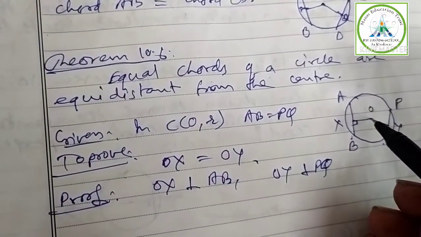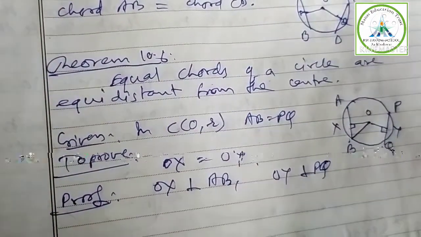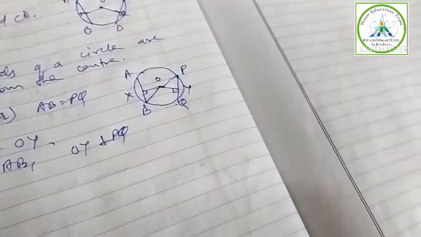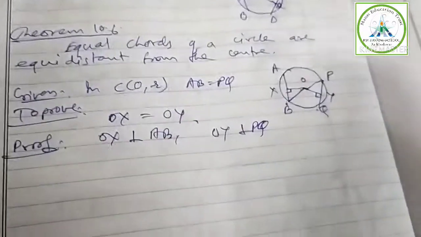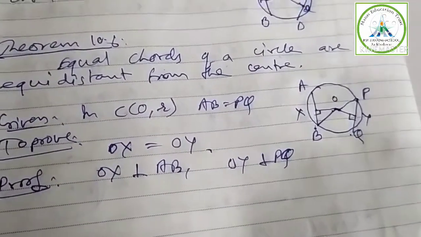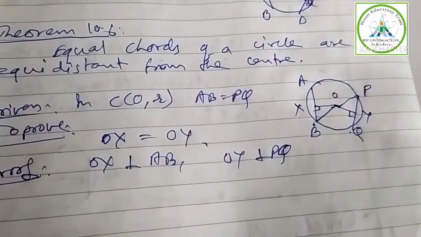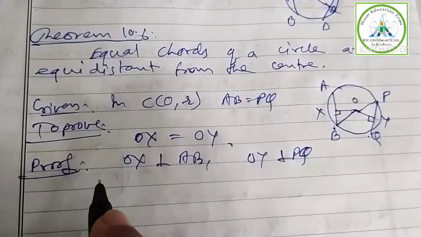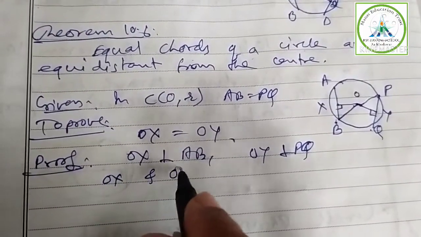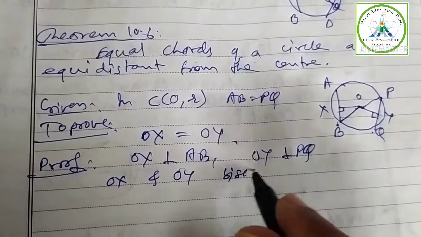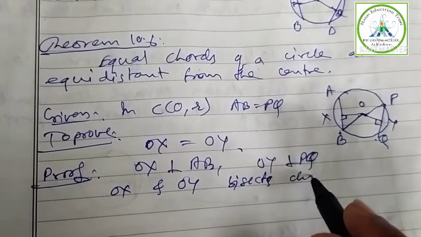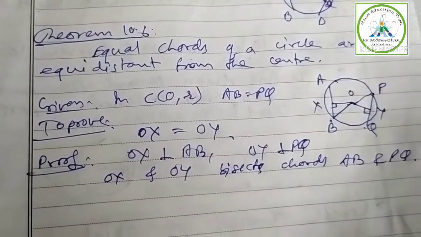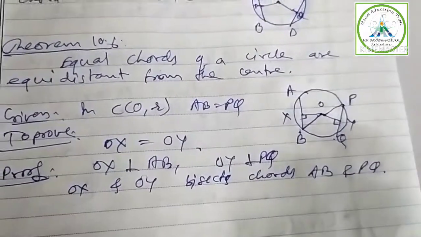Now if I join OB, we have done in theorem 10.3, if we remember, the perpendicular from the center of the circle to a chord bisects the chord. Remember it. Okay, see, OX and OY bisect chords AB and PQ. This is according to the statement of theorem 10.3.